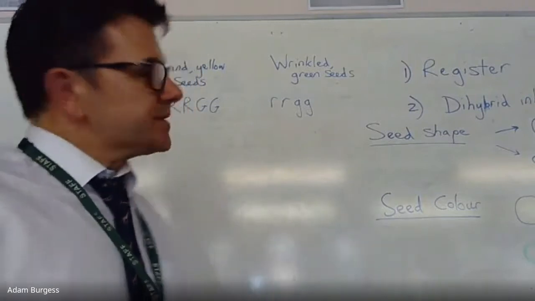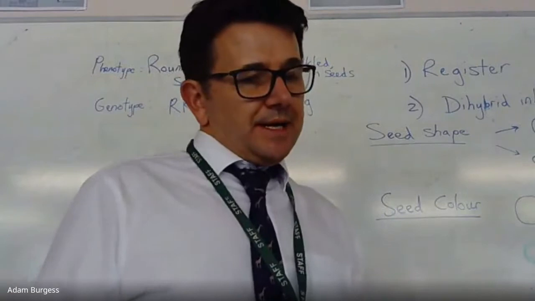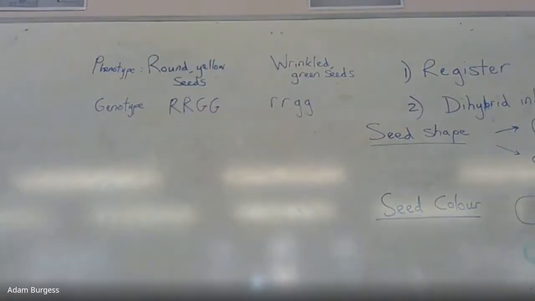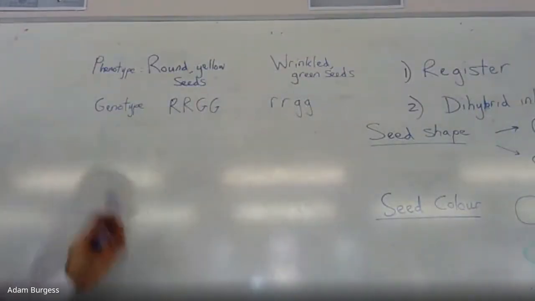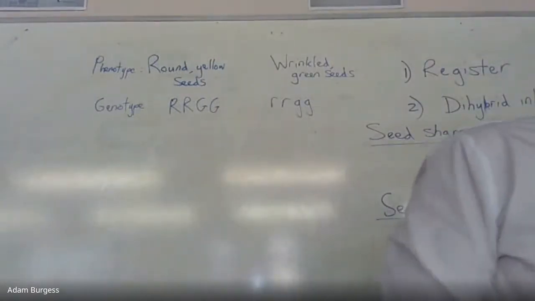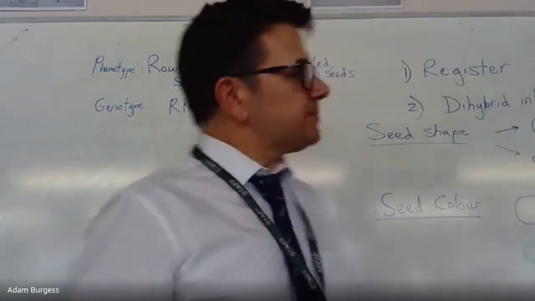Good, okay. So now in terms of crossing, we've got to do a cross between the two. This is where it gets a bit complicated, okay? So we need to work out all the possible alleles.